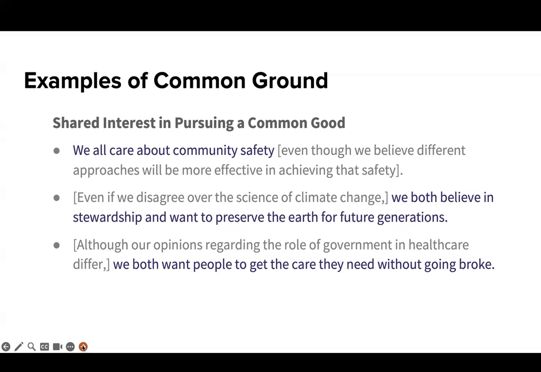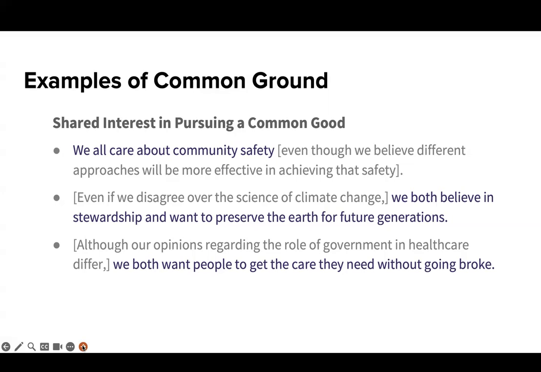So here, while people are disagreeing over the science of climate change, this person is saying, hey, we can find a common ground when we focus on mutual concerns for the stewardship and preservation of future generations. Now, definitions of stewardship and preserve, what that means, is up for discussion. But bottom line, doors are open for consensus.